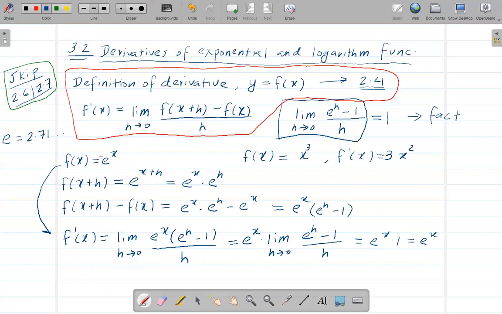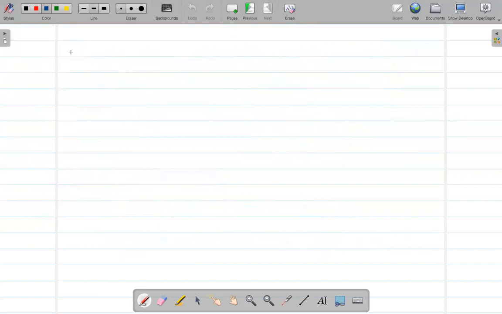Since we said that this is a special kind of exponential function, where e is a special number, we still have another kind of exponential function as well, right? So let's say f of x is equal to b to the power x.